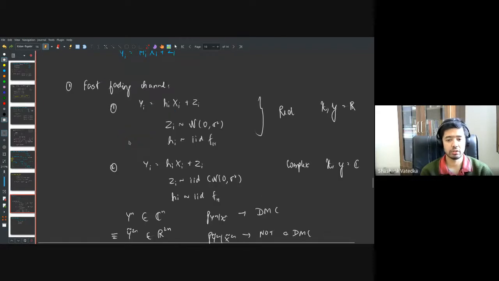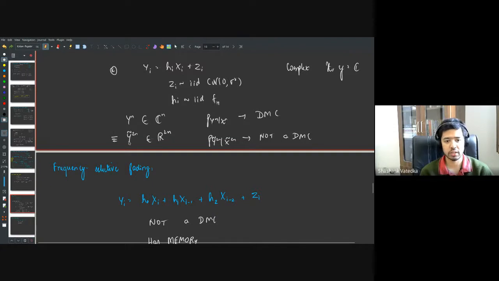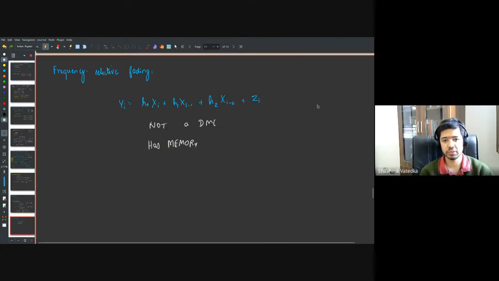But if the H_i are not IID, if the Z_i are not IID, or if it's a frequency selective fading channel, then this is not a discrete memoryless channel. But it turns out that you can do some transformations, you can do some approximations, and whatever theory you develop for DMCs can be extended to simple channels with memory.